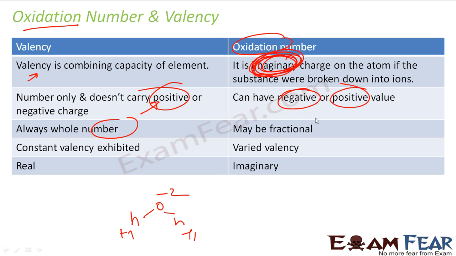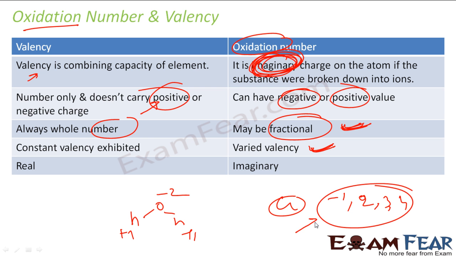Valency is always a whole number. Oxidation number may be fractional. We'll take this in later examples where we will see fractional oxidation numbers. The valency is always constant, and the oxidation number can be varied. We'll see this in the next two slides, for example, chlorine has oxidation numbers -1, 1, 3, 5 and so on. Carbon in CH4 had oxidation number -4, and in CCl4 the carbon oxidation number is +4.